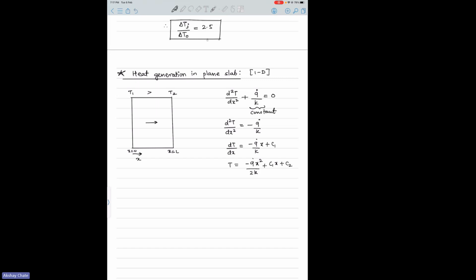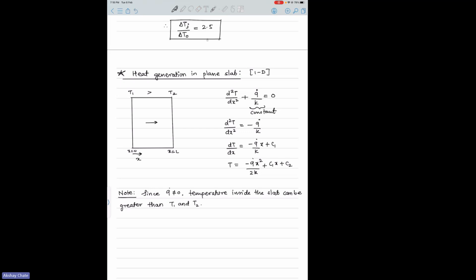There are two things to know here. Since the heat generation term is not zero, the temperature inside the slab can be greater than T1 and T2.